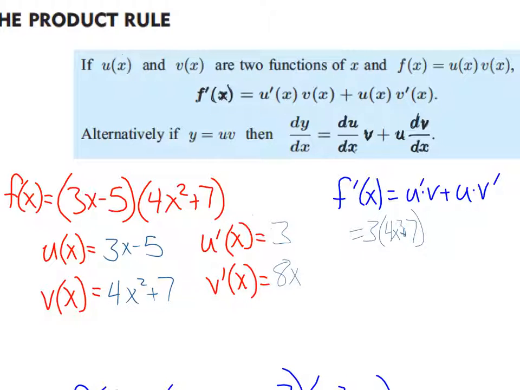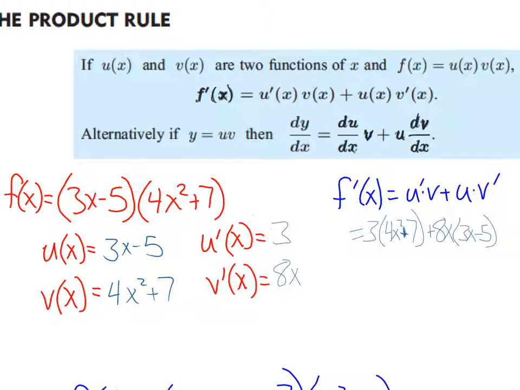The pencil died, sorry, so it's a little messy. Then plus 8x times 3x minus 5? Exactly. I've got the original first factor, 3x minus 5, and I multiply that by v prime, which was 8x.